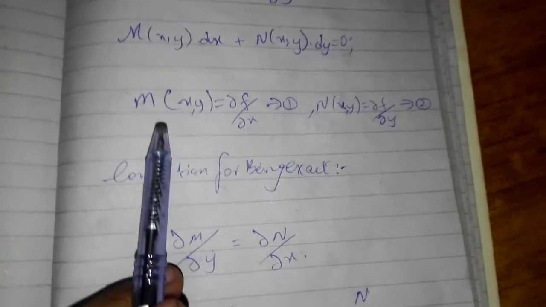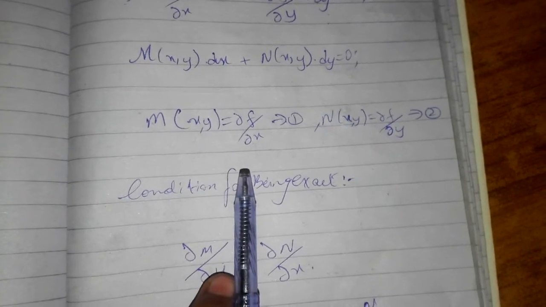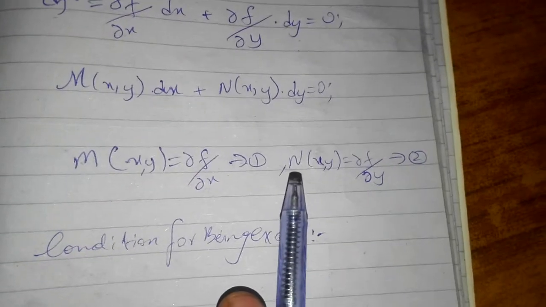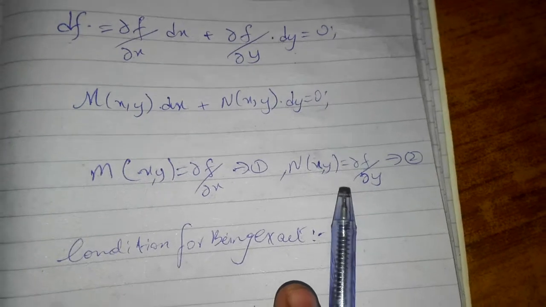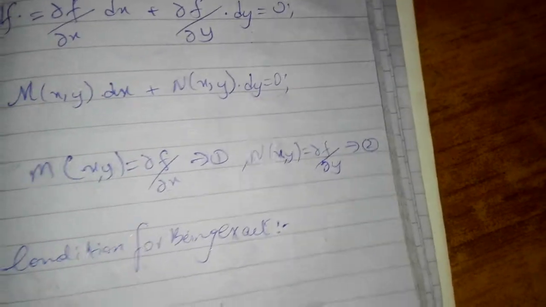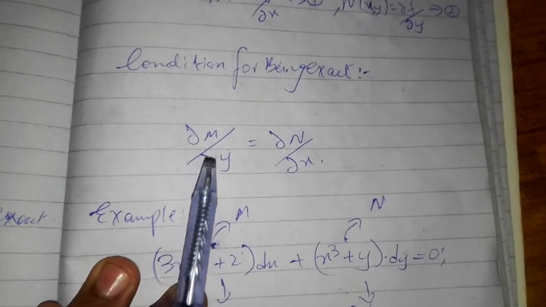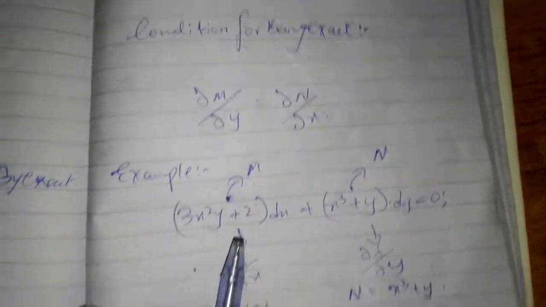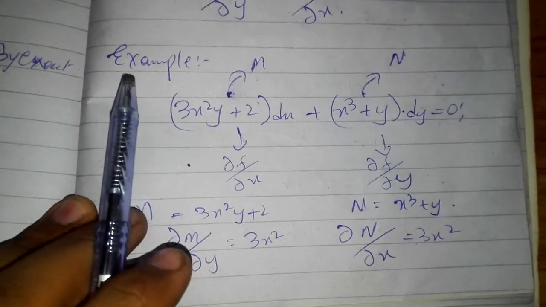Here, the first equation is M(x,y) = ∂f/∂x, equation 1, whereas equation 2 is N(x,y) = ∂f/∂y. The condition for being exact is ∂M/∂y must be equal to ∂N/∂x. So first we will start off with an example.